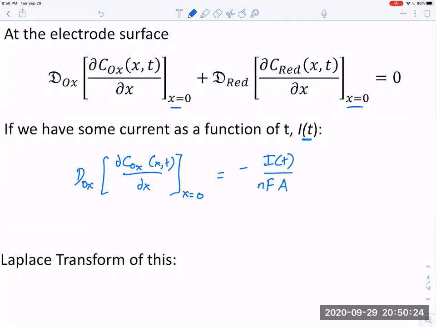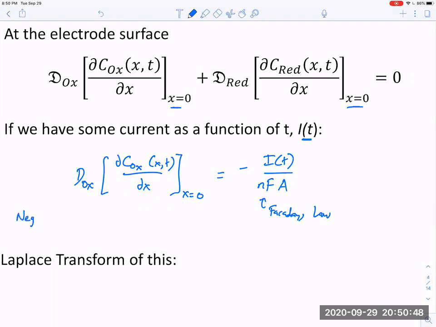The flux has these extra units of area, so directly it should be compared to the current density, so we have to divide by A. The nF is from Faraday's law, because we have a certain amount of moles of things hitting the electrode surface, and we want to convert it to a current. Faraday's law is how we do that.